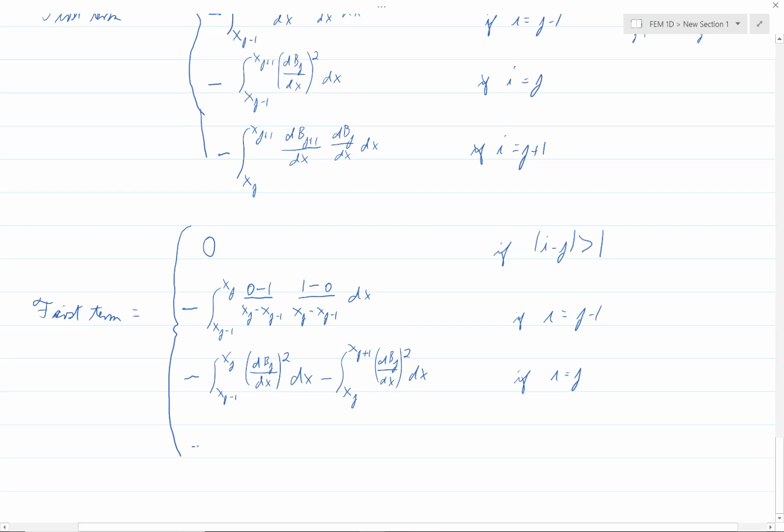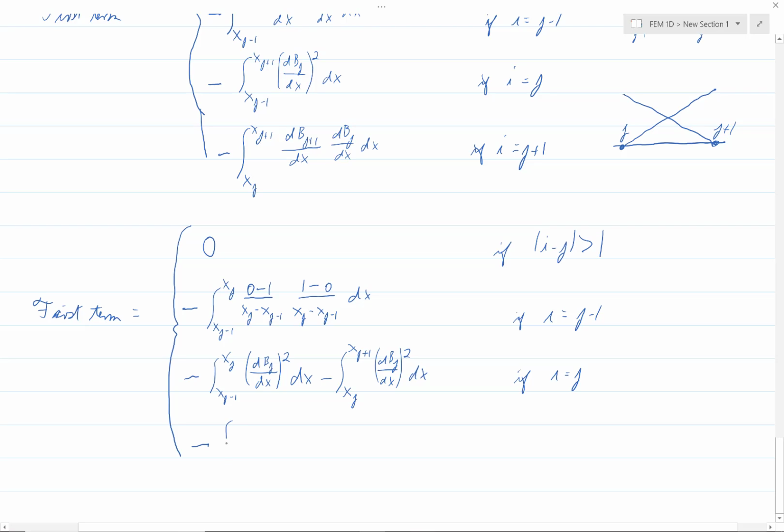But the last integral is ready for us to go ahead and evaluate. So we have minus the integral, and again, just as before, we'll draw a little picture here. So here is node j, here is node j plus 1, and so we have b_j looks like that, and b_{j+1} looks like that.